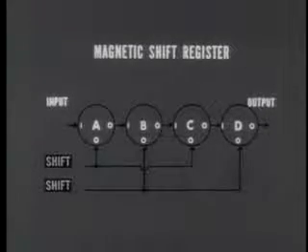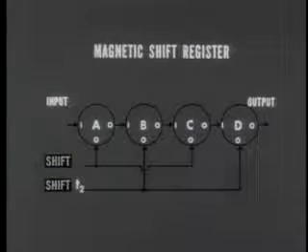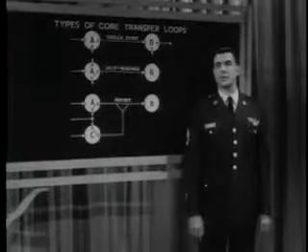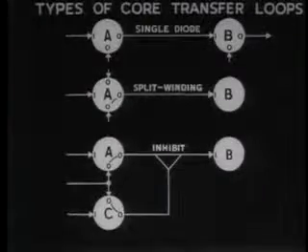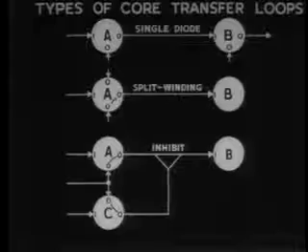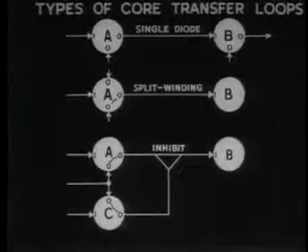We've been looking at a serial register. It handles information serially, 1 bit at a time. But registers that work in parallel are put together by combining split winding loops with single diode loops.